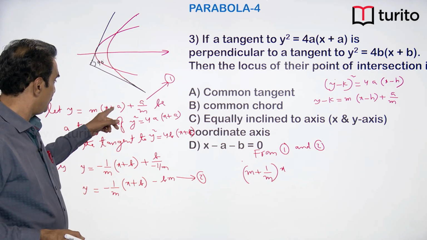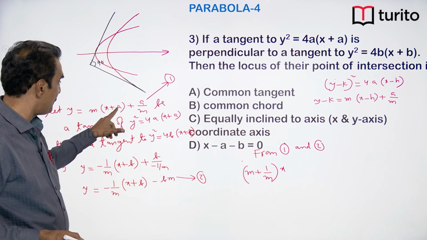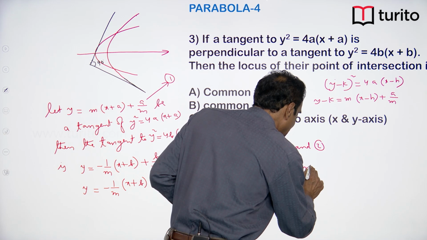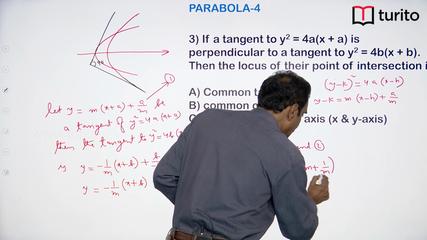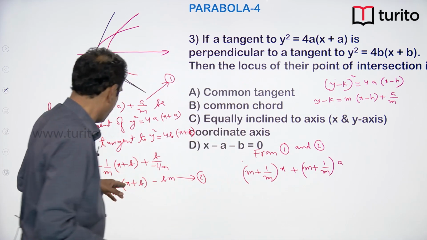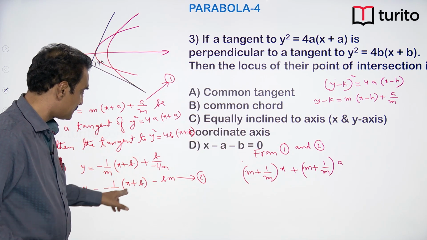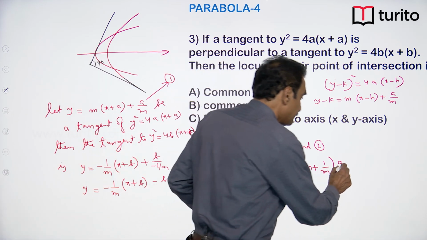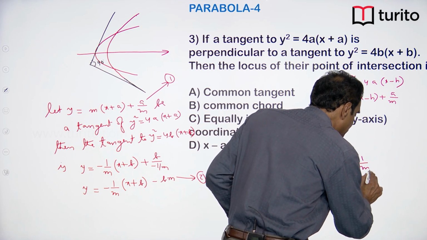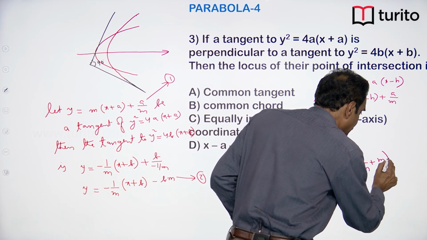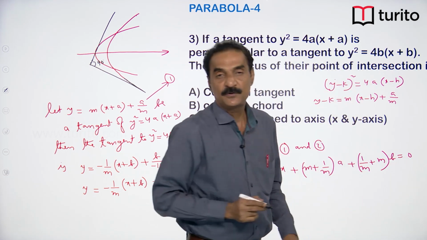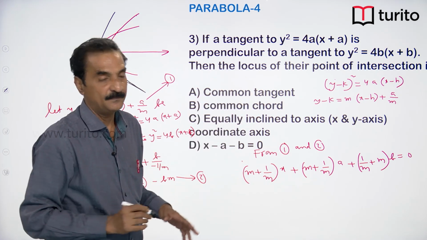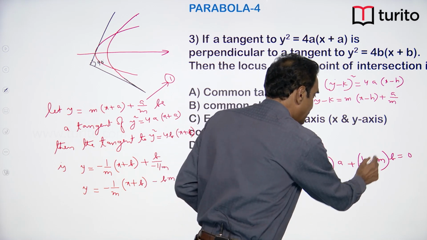Next, plus here we have ma plus a by m, that is (m plus 1 by m) into a, and then if you subtract, this minus becomes plus, you will get b by m plus bm, that is (1 by m plus m) into b is equal to 0. Then m plus 1 by m cancels, and it cannot be 0. m plus 1 by m is never 0, so I am cancelling.